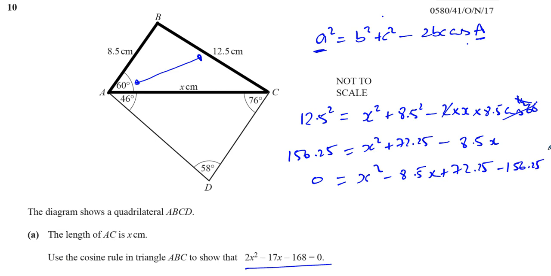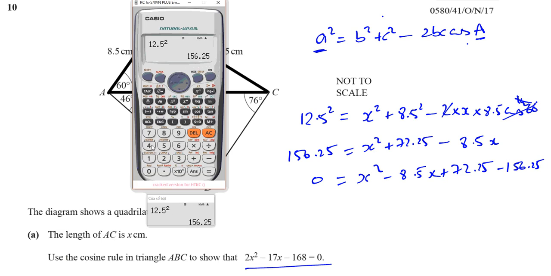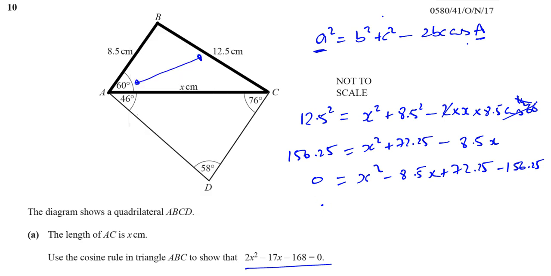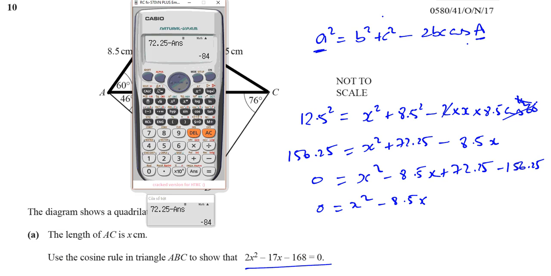So you have 72.25 minus our answer, which gives you minus 84. So you end up with 0 equals x squared minus 8.5x minus 84.